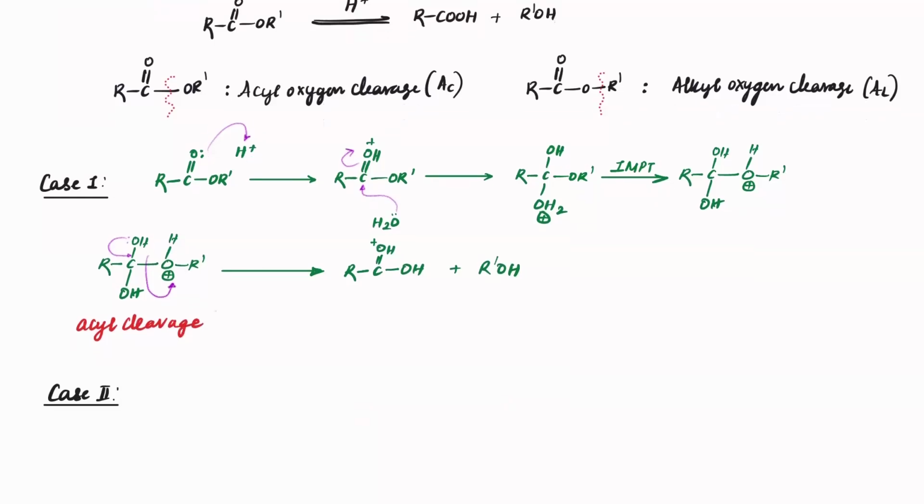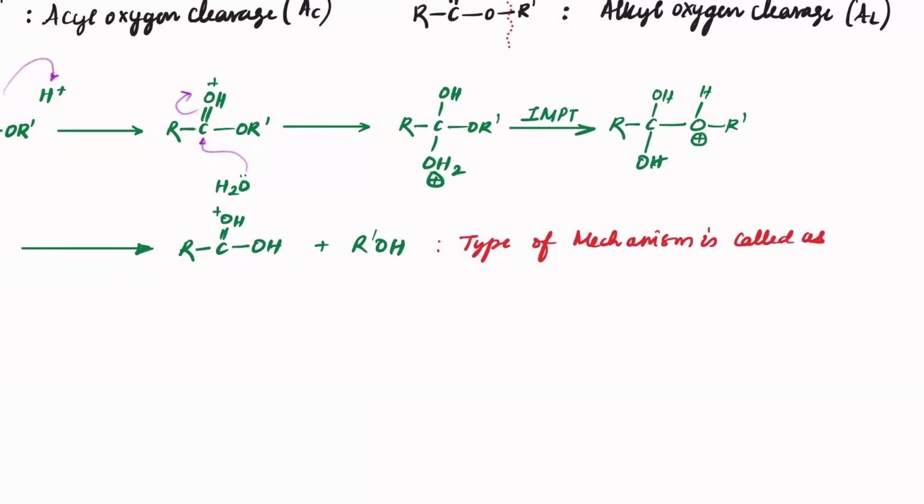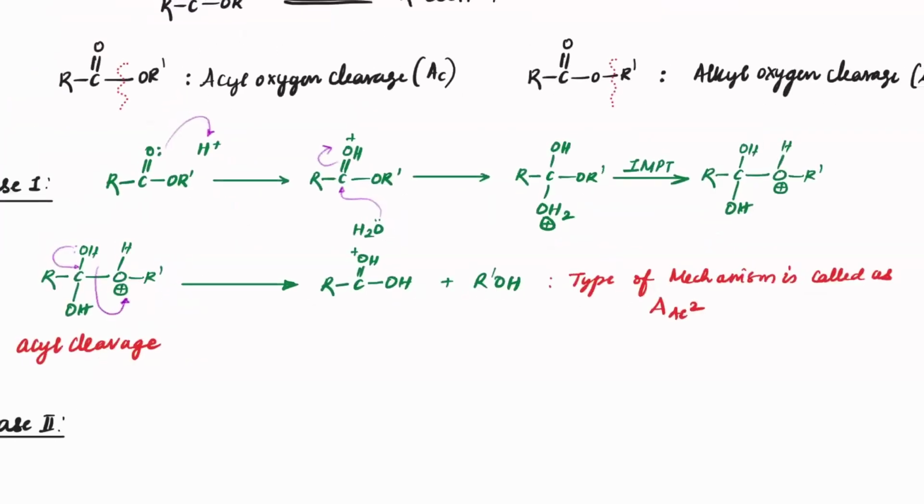Since it is an acyl cleavage, the type of mechanism is called AAC2. AAC2. Why?